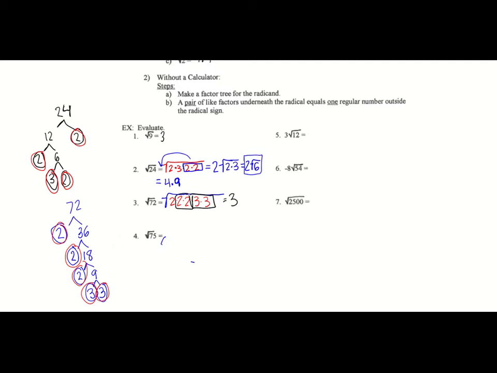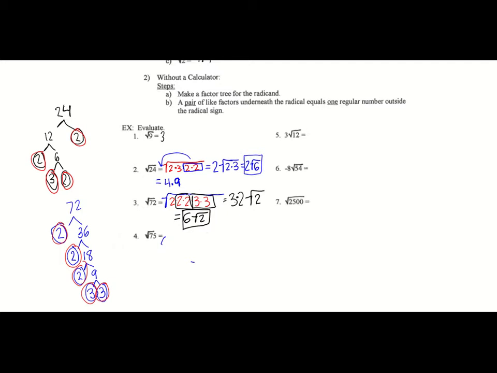And I have a pair of 2's, so I can bring a 2 outside. So now outside I have 3 times 2, and underneath I still have 1 2. 3 times 2 on the outside gives me 6, and I still have square root of 2. So this is my answer. This is equal to the square root of 72.